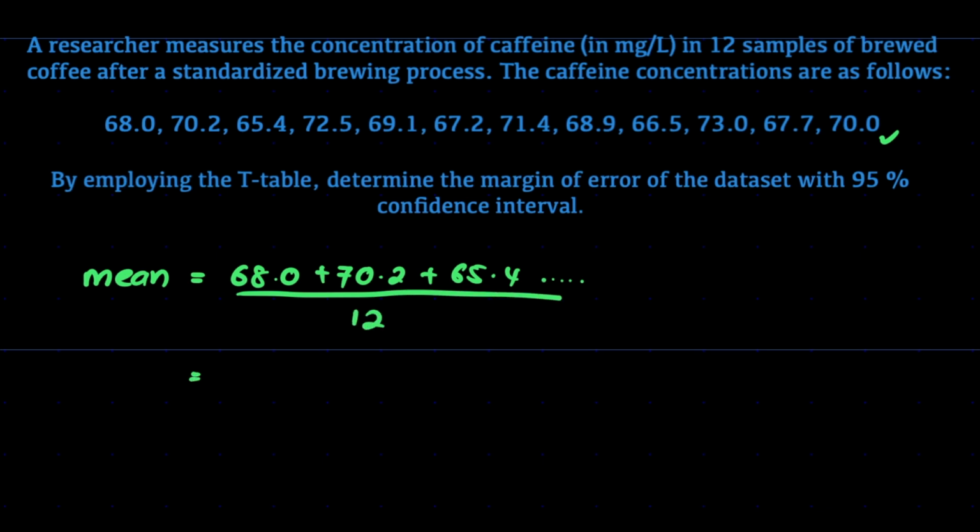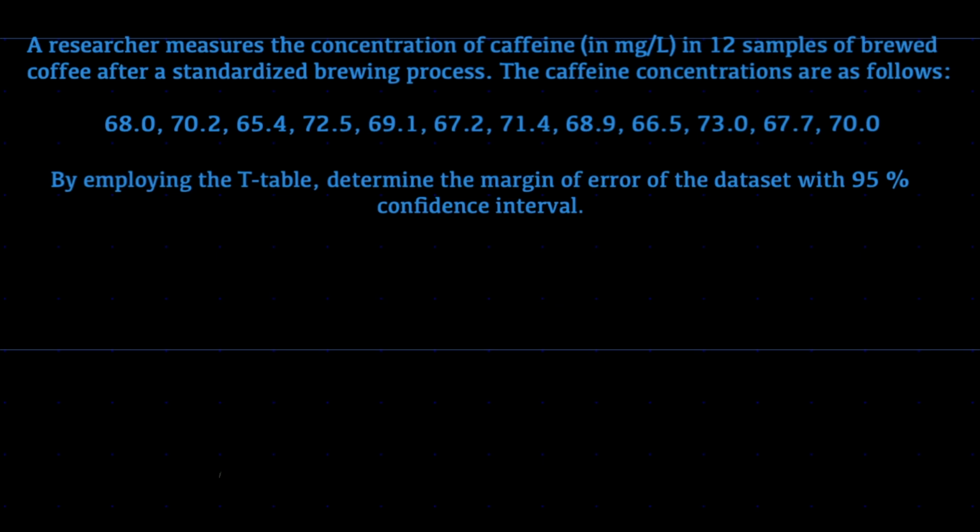You will get 829.9 divided by 12, therefore your mean shall be 69.1583. So this is the first step that you need to do in order to answer this question.